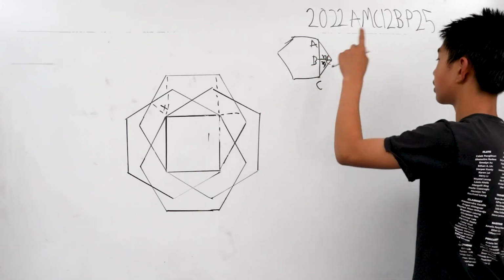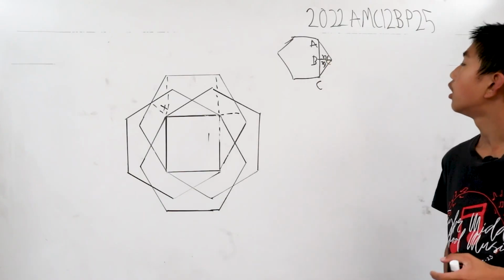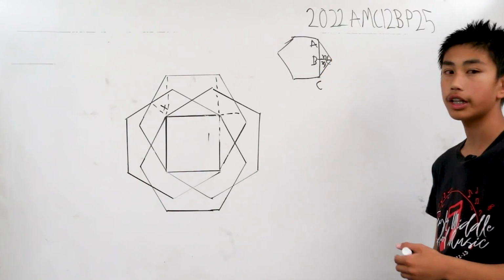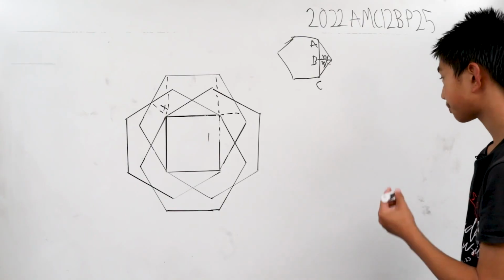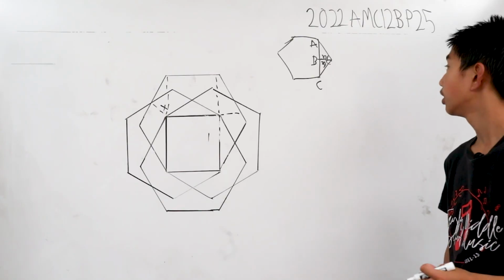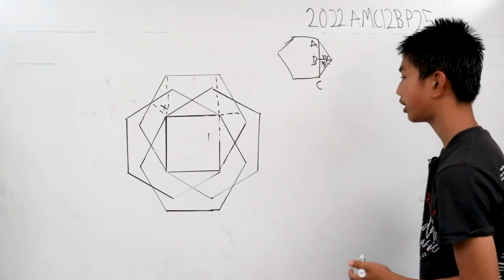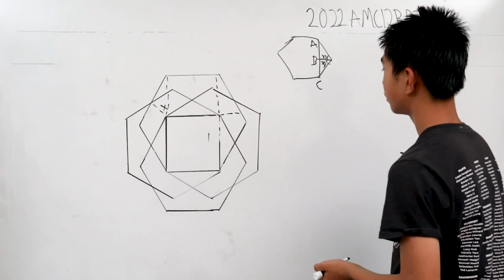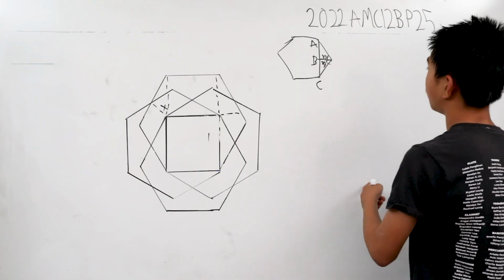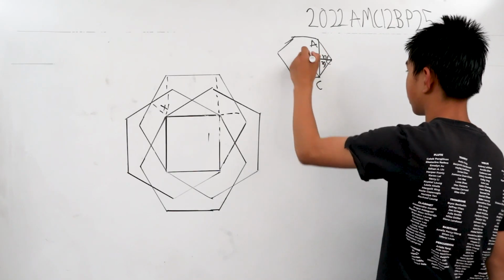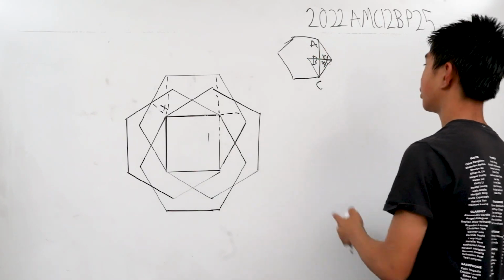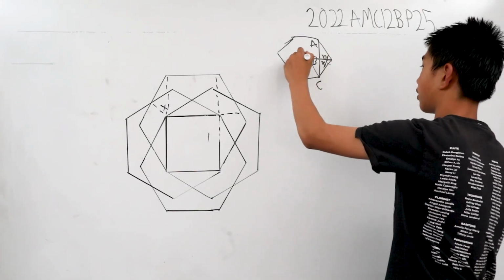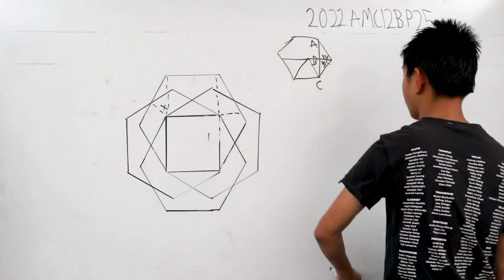So this is a 30, 60, 90 triangle because this is clearly a right angle. So now we know this height. We can sort of draw out the equilateral triangles.